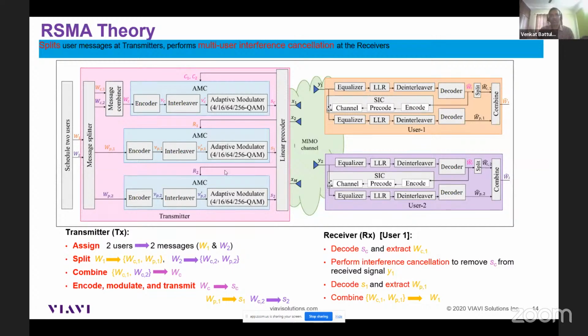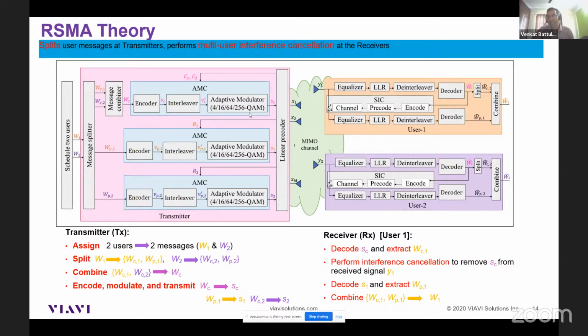You can see n plus one streams for the common users. On the receive side, each block is one user. On the right hand side, the first block is user one and the second block is user two. Inside user one, the user has to decode the common part, which is multiplexed for all the users.